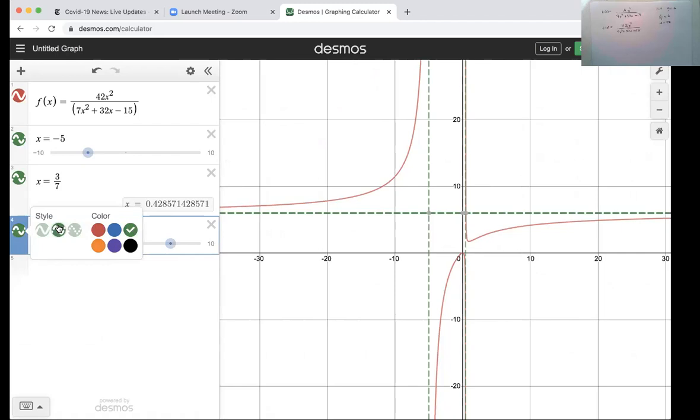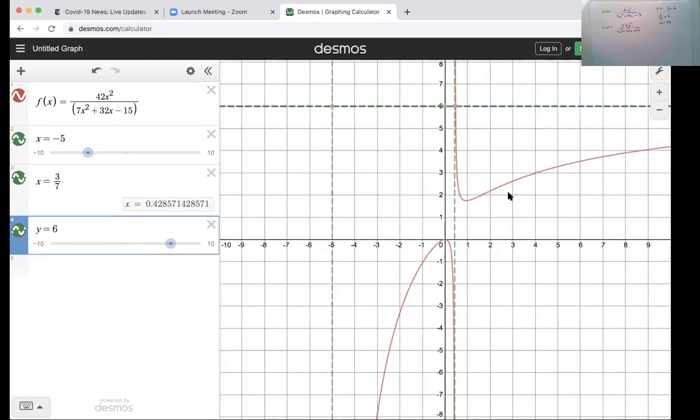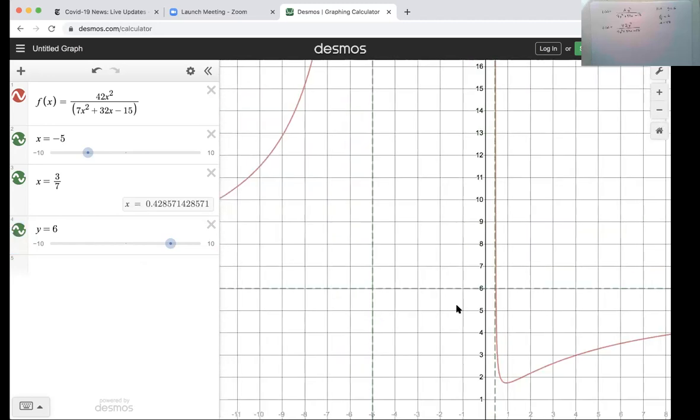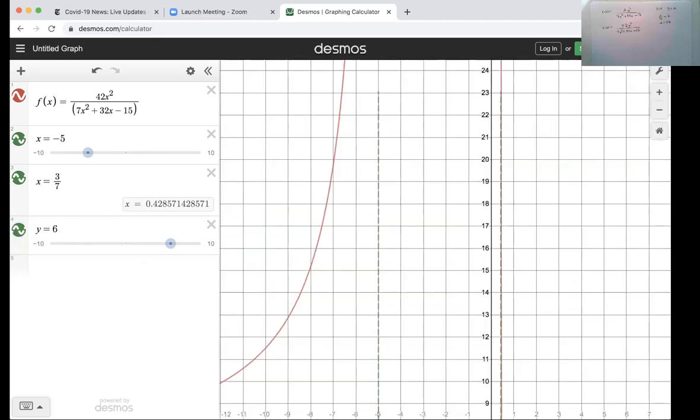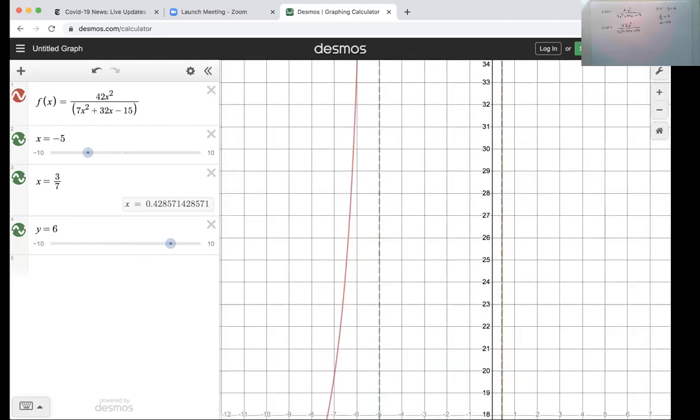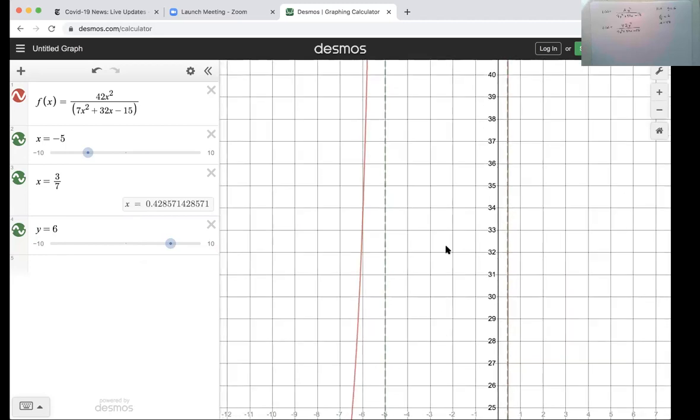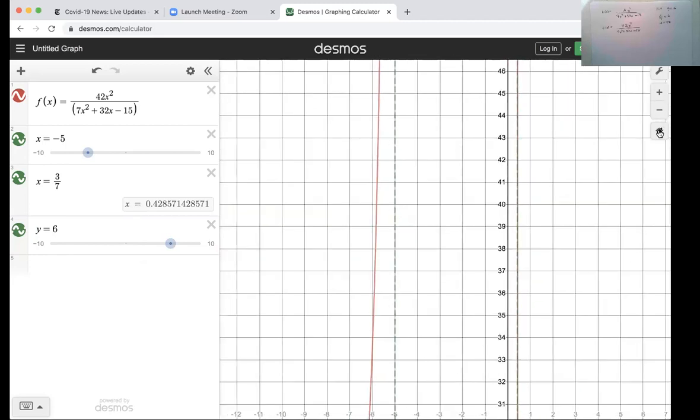So indeed, over time, this function is getting closer and closer to 6 in that direction, getting closer and closer to 6 in that direction. And the vertical asymptotes, when we look close in, seem to be working as well as we look at the behavior of this function. Not moving very quickly, but indeed getting closer and closer to that vertical asymptote.